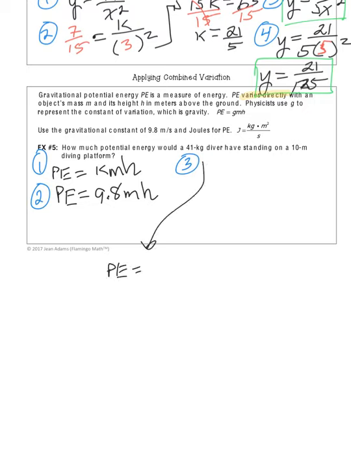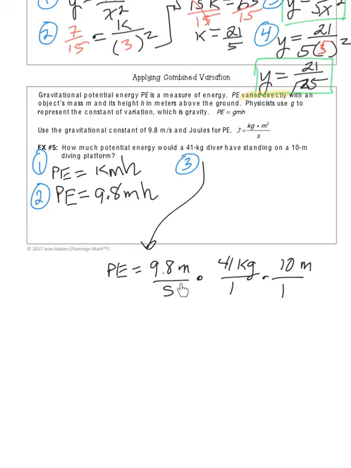So PE is equal to 9.8, and they gave me the 9.8 as meters per second squared. Now I'm going to write that as a fraction for a reason. You'll see why. Times my mass, which they said was 41 kilograms. I'm going to put that over 1 times my height was 10 meters over 1.